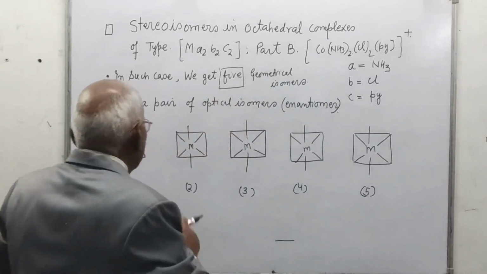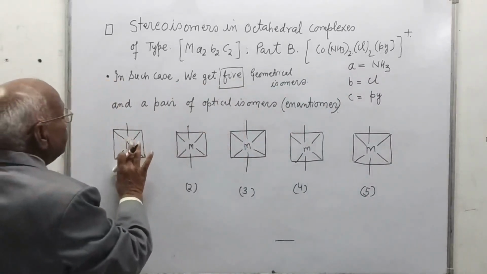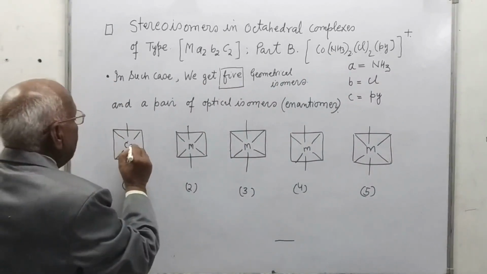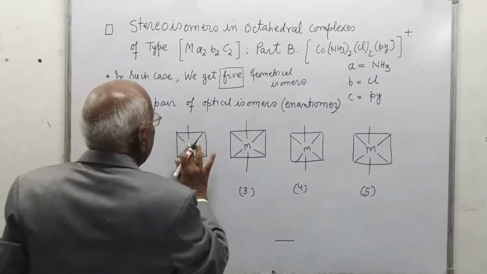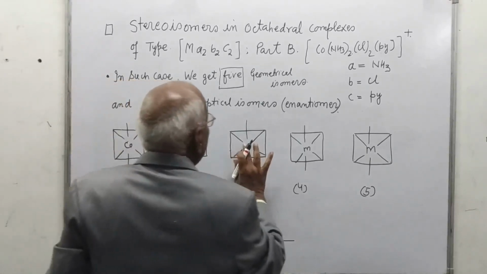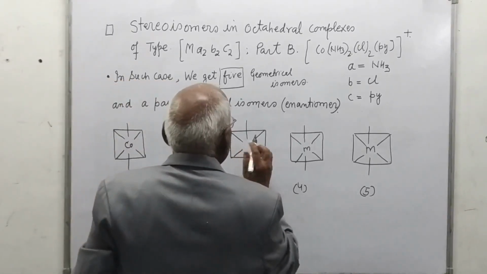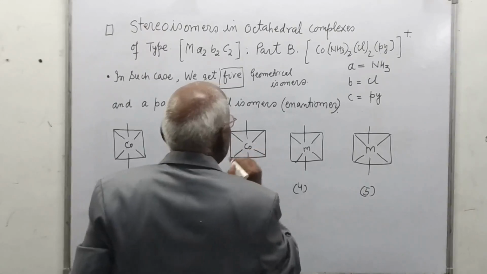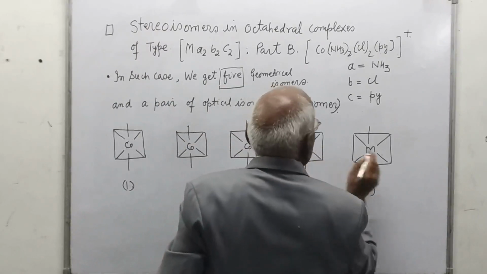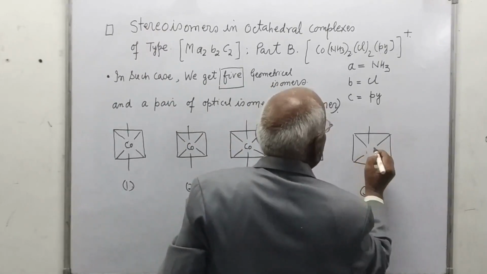If you substitute the metal by Co, it becomes a cobalt complex like this.